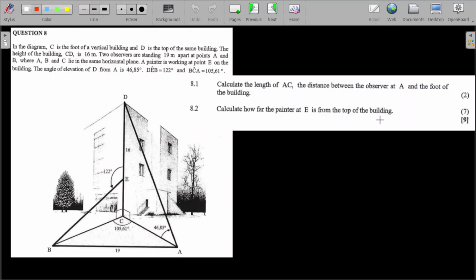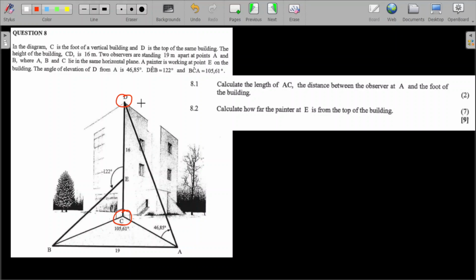In diagram C, okay, where is C? C is here. It is the foot of the vertical building at D, and D is on the top of the same building, the height of the building. And CD is 16 meters. This 16 is the distance of CD.